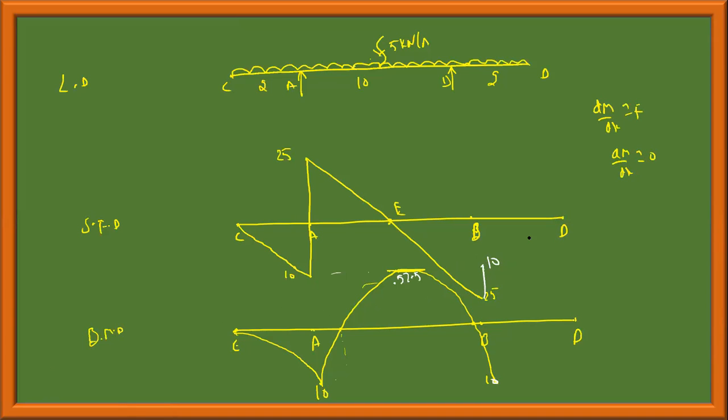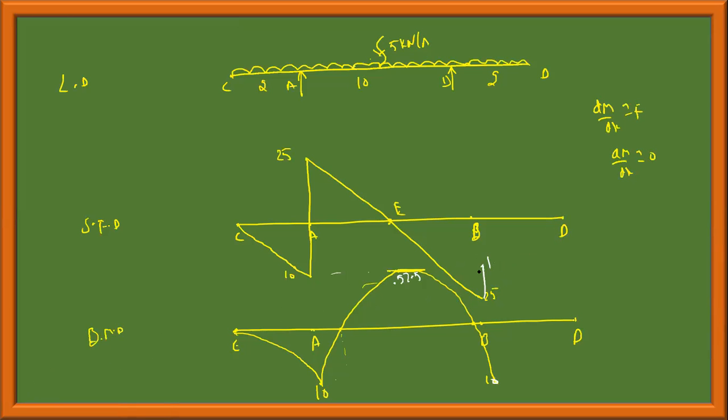Except at 14, this will drop to 0. This is symmetric. Sorry, this is positive 10. It has to pass to point B, positive 10, like this, and then back to 0. Symmetric.